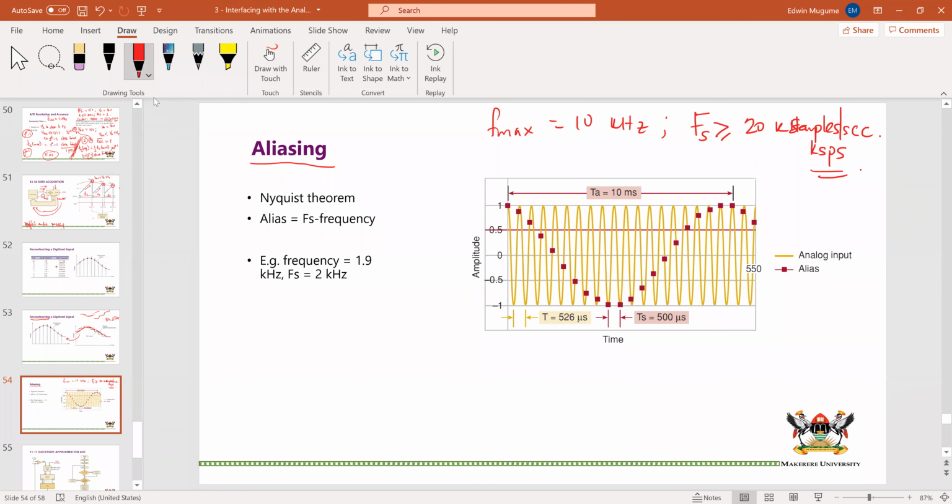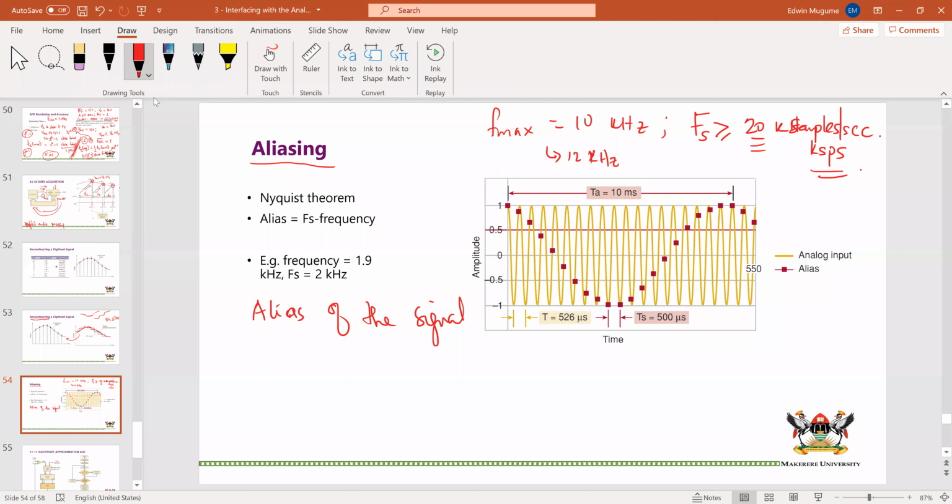Now, what happens if you sample at a frequency that is below the required sampling frequency? For instance, let us assume that there is in fact a component at 12 kilohertz, yet we have sampled at 20 kilohertz. What actually happens is that you create an alias of that component.